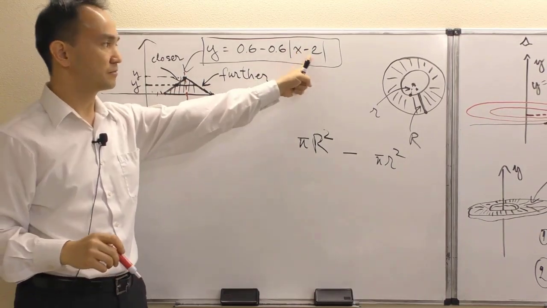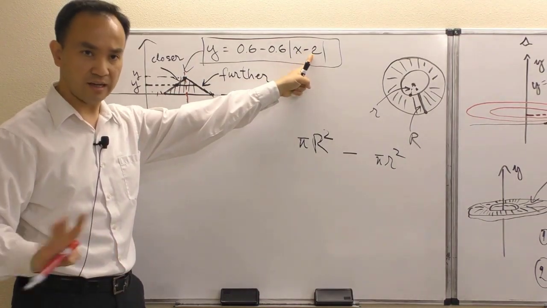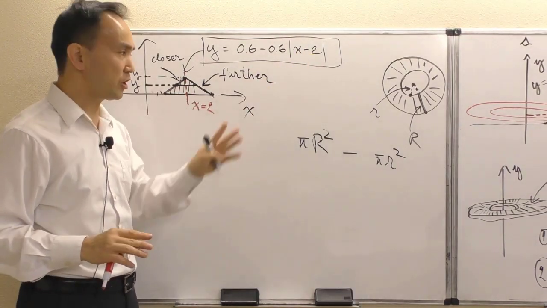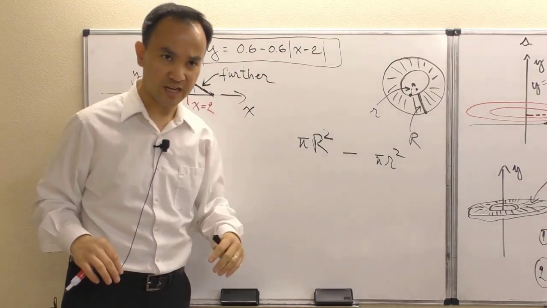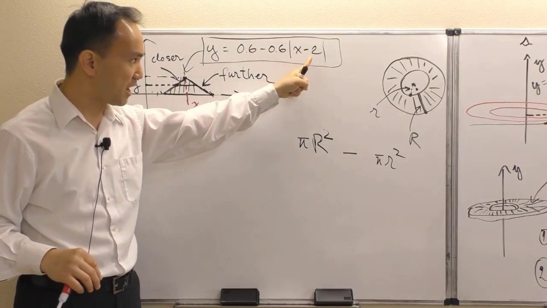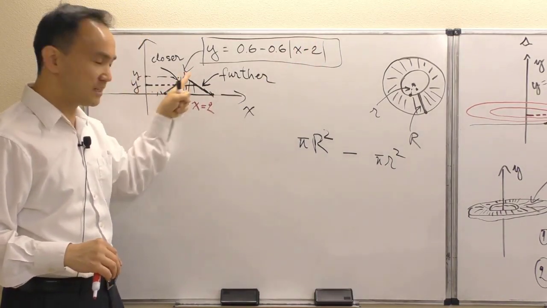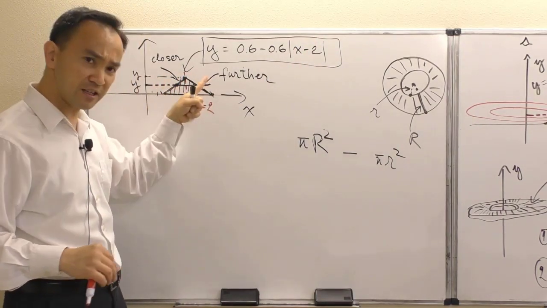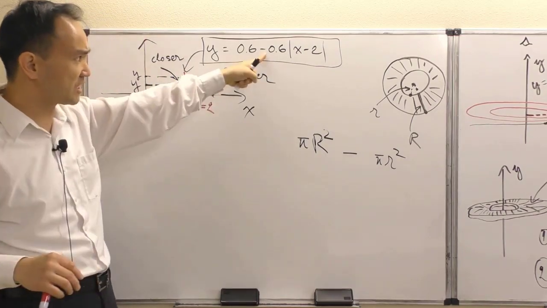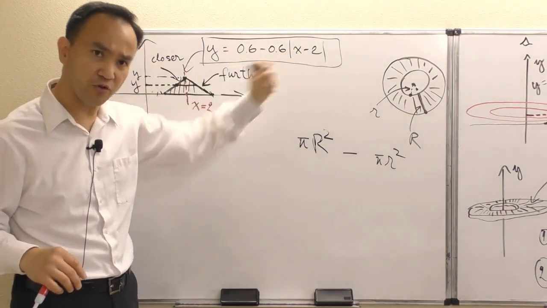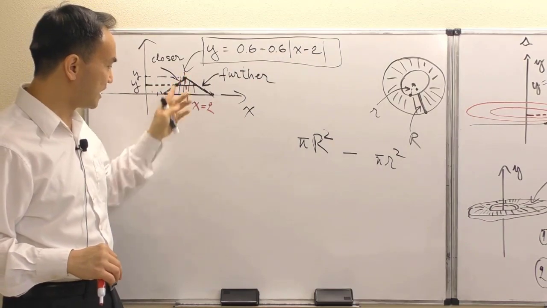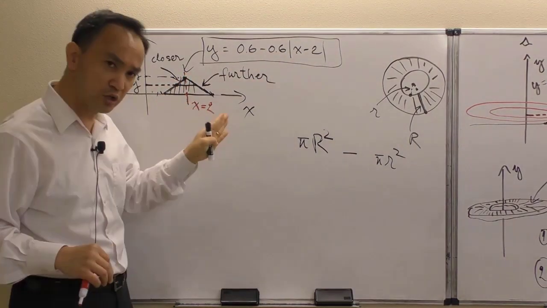That x minus 2 inside of our absolute value tells us the vertex of that V shape, and it's pointing down because there's a minus in front of the absolute value. In the end, the vertex here is right at the vertical line x equals 2.